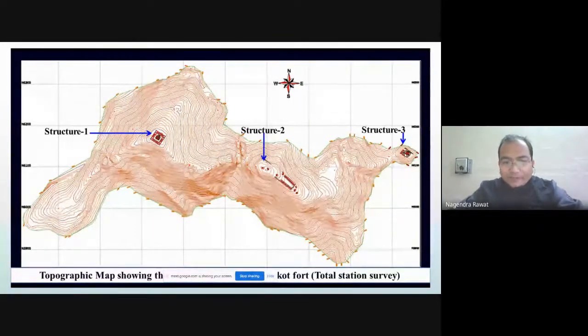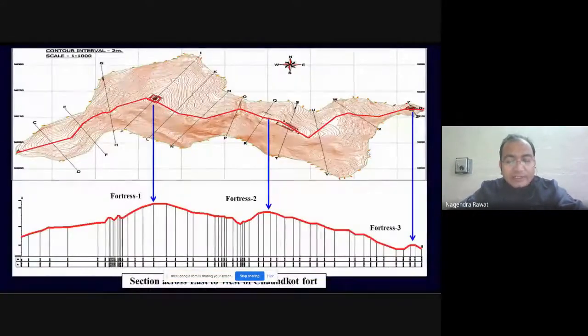It is not only about mapping the site and generating contours; it also allows us to generate cross sections of the entire area mapped by your total station.